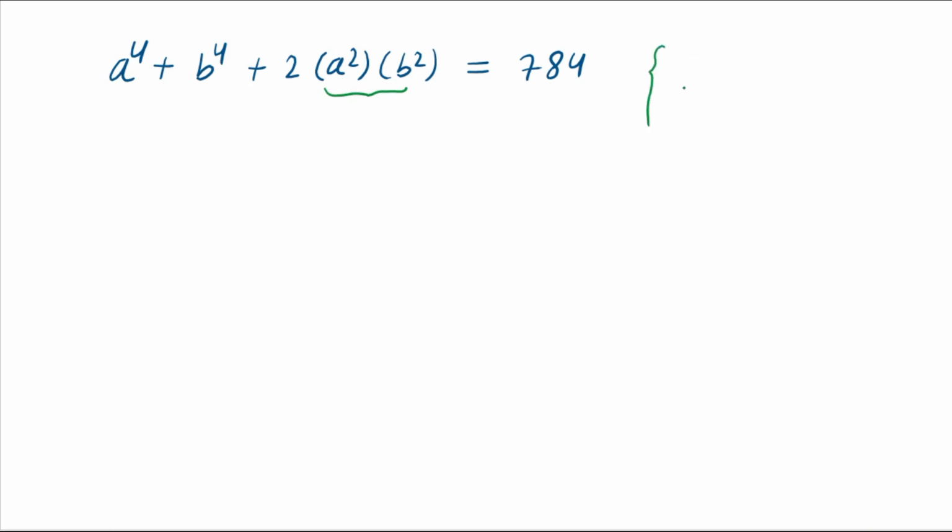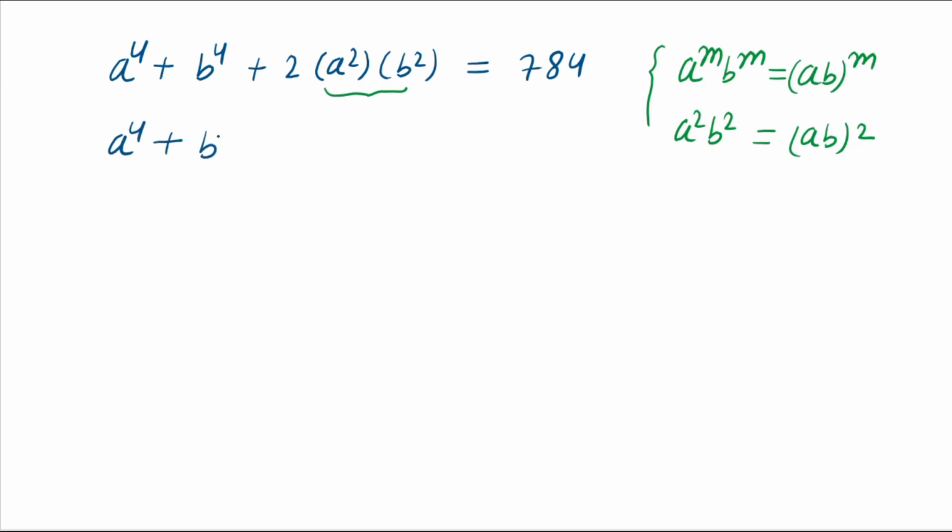Now look carefully at this expression. If we apply the rule a power m times b power m equals (ab) power m, then a square times b square equals (ab) square. So a power 4 plus b power 4 plus 2 times (ab) square equals 784.